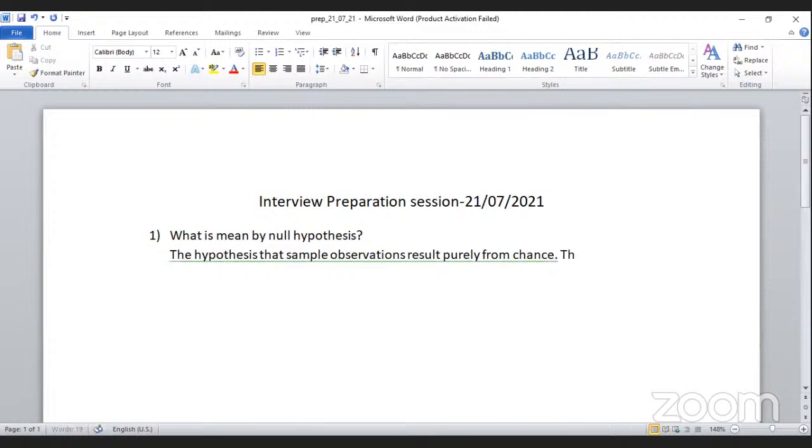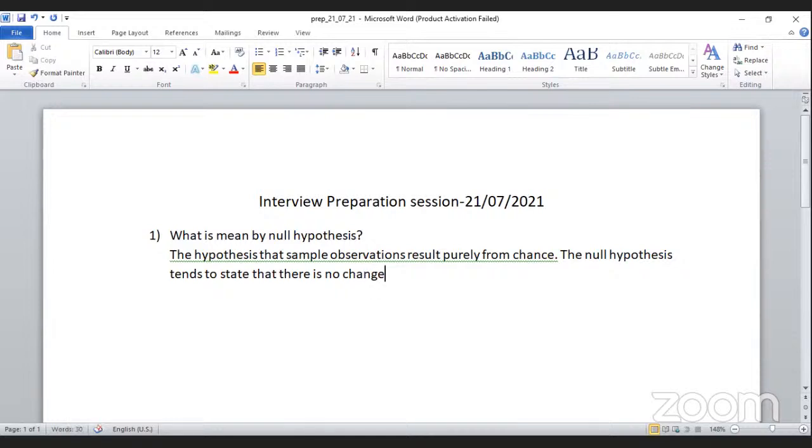The null hypothesis tends to state that there is no change.